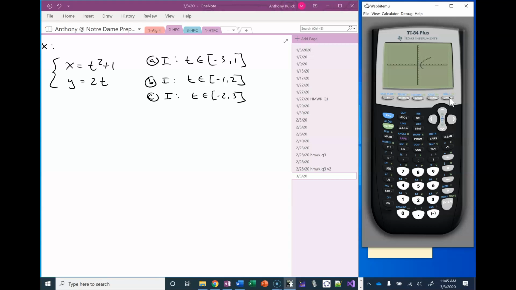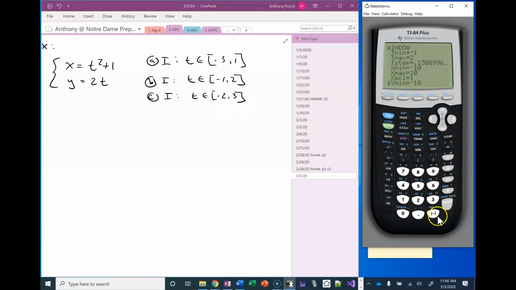A little bit different, right? Still not a function in the Cartesian sense, but perfectly acceptable as a function in the parametric sense. Everybody's okay with that? Okay. And then our last example goes from -2 to 3.